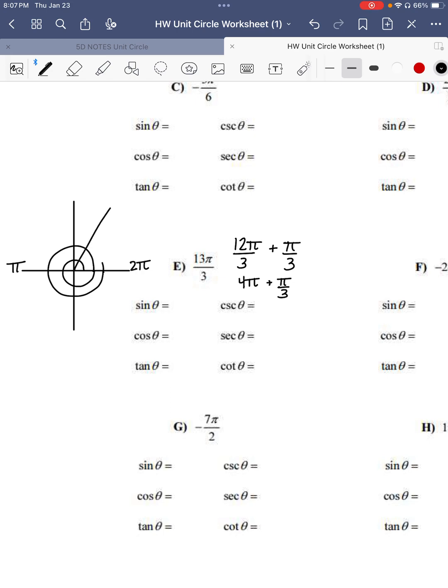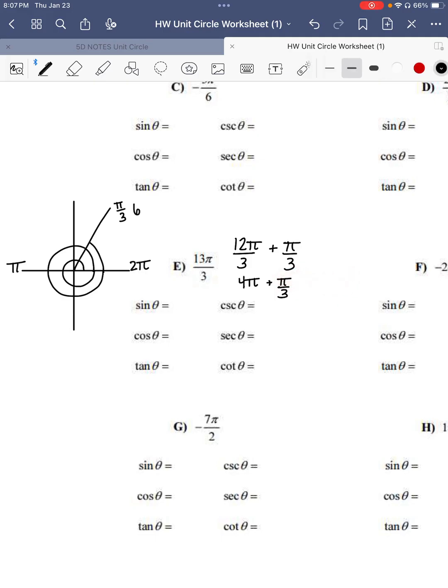So that is here. Now, how did I know that? Well, I do know that this pi over 3 means a third of the way to pi. Or if you know pi is 180, 180 divided by 3 is 60 degrees.